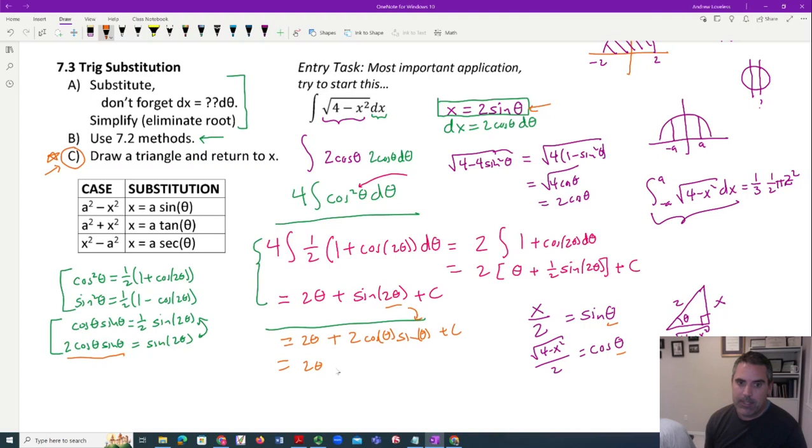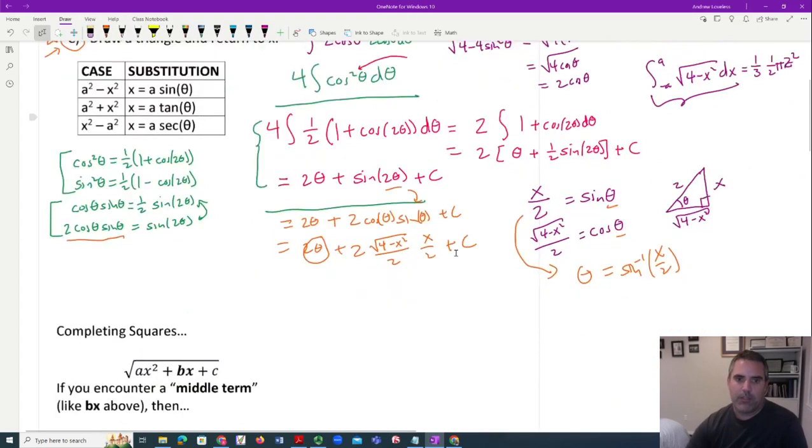So this is then 2, and this is the square root of 4 minus x squared over 2, and this is x over 2 plus c. But we still have this hanging theta here, and there's no way to make that look nice. We're going to say theta is inverse sine of x over 2. You could also say inverse cosine of this and many other things.